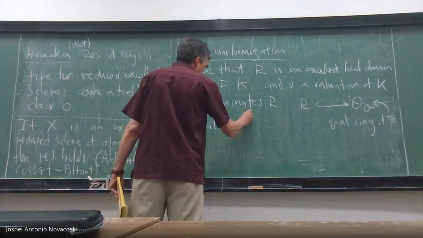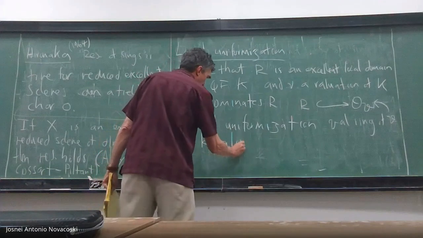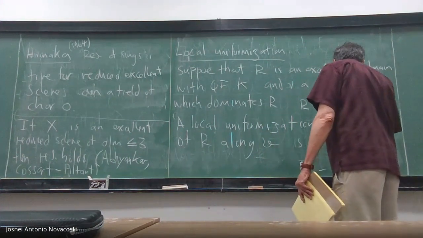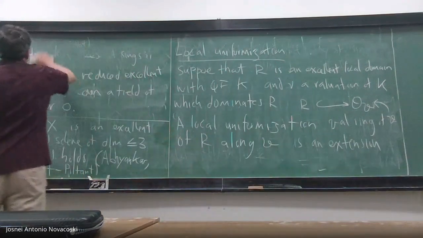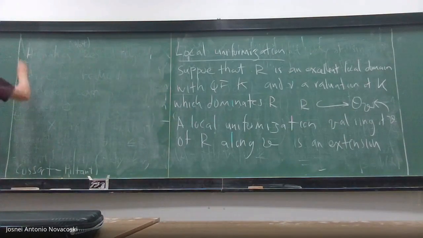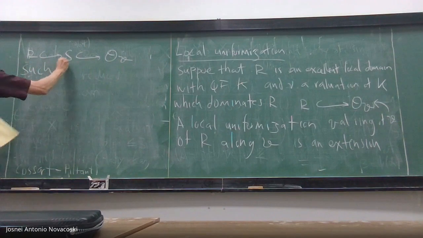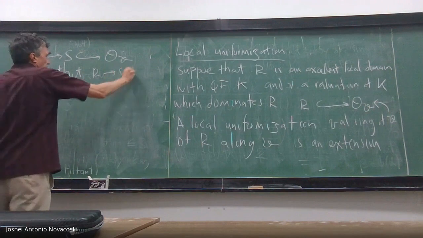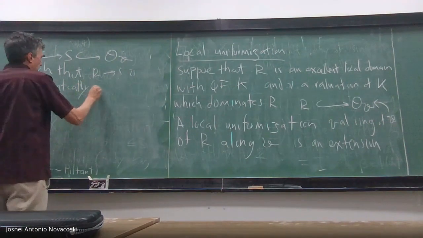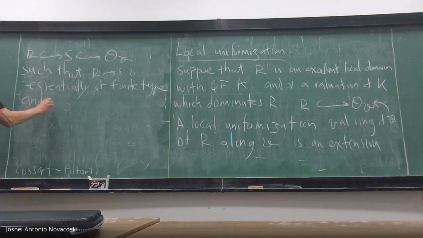A local uniformization of R along ν is an extension R to S and then to the valuation ring O_ν, such that R to S is essentially of finite type, I'll tell you what that means, and S is regular.